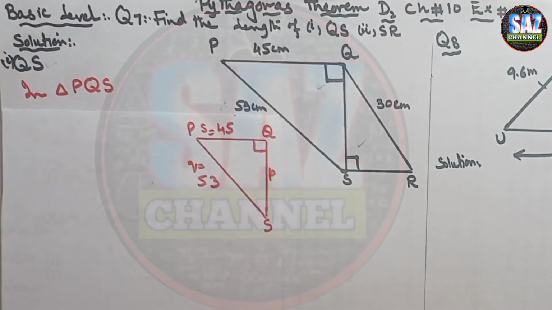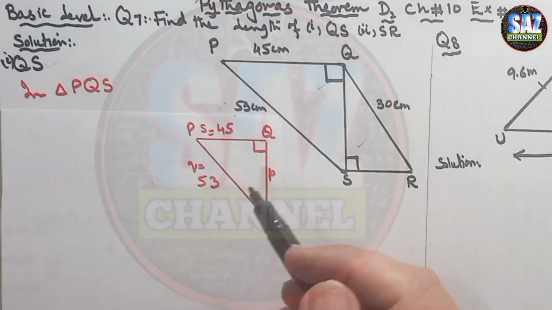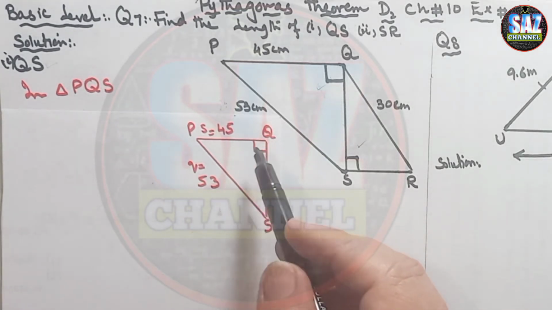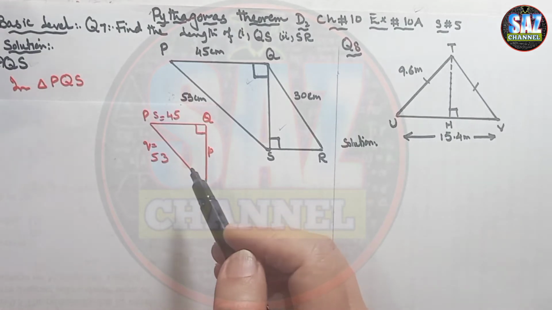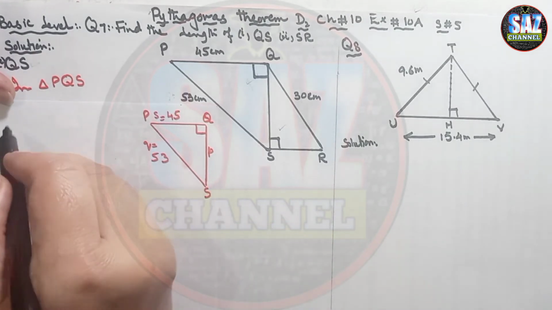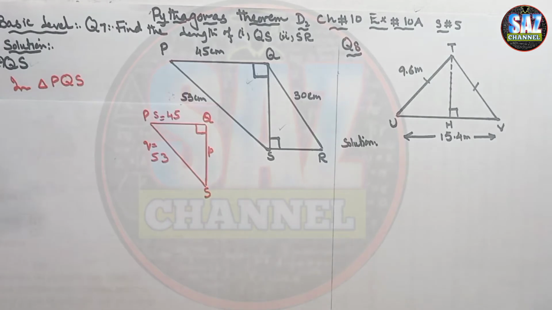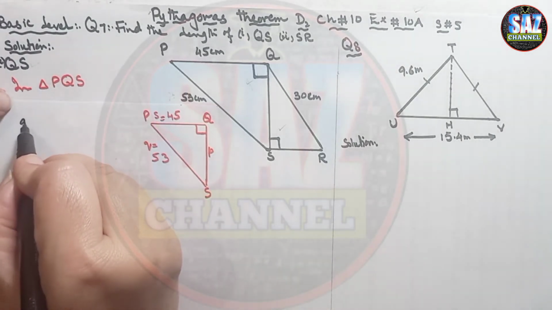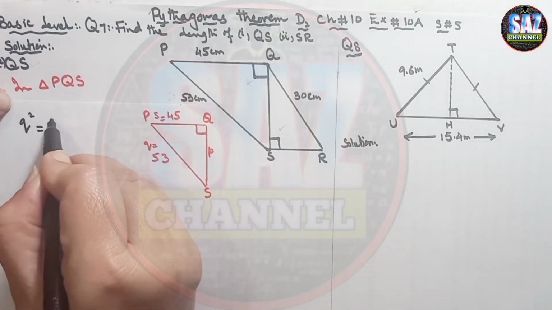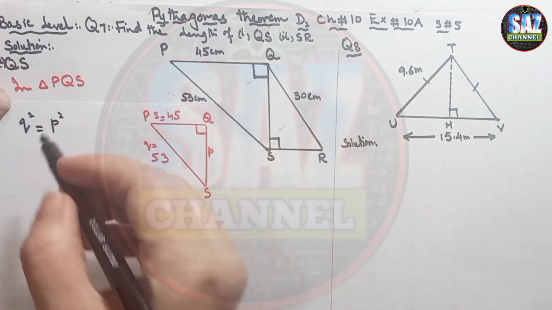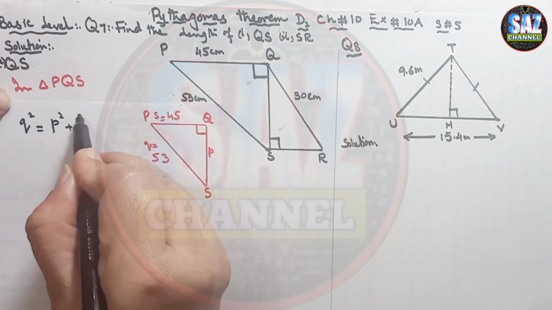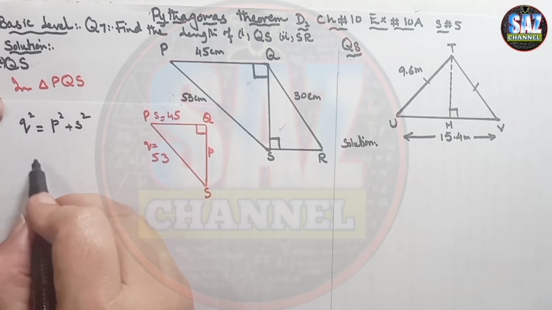Now first of all, we have to write the Pythagorean equation associated with this given situation. So according to the rule, q square will be equal to p square plus s square.